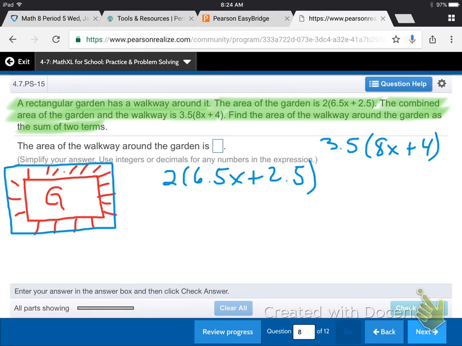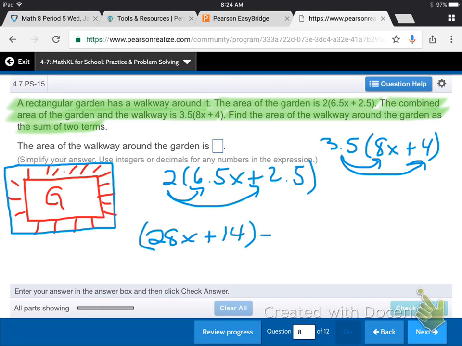Okay, so let's distribute the 2 times 6.5x and times 2.5. So we're going to get 13x, that's 2 times 6.5, and then 2 times 2.5 is 5, right? Let's do this distribution first, boys and girls, because this is the bigger area. This is the area of the garden and the walkway. So 3.5 times 8 is 28x. And 3.5 times 4 is 14.